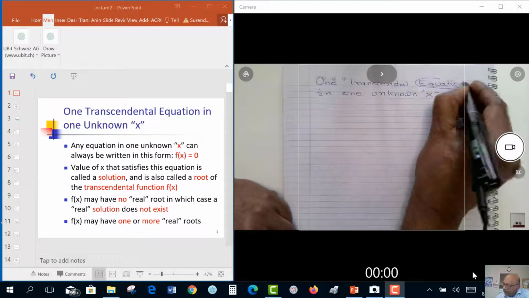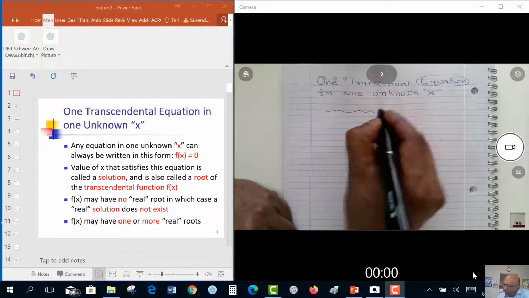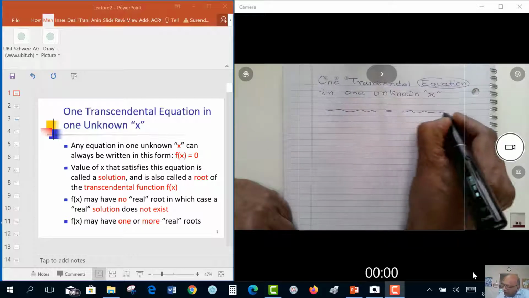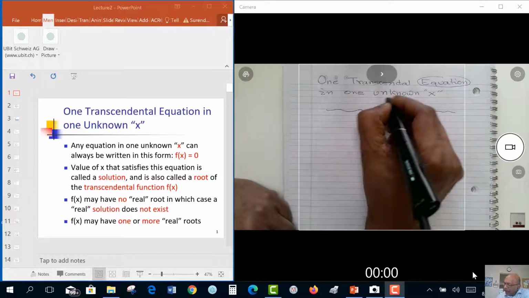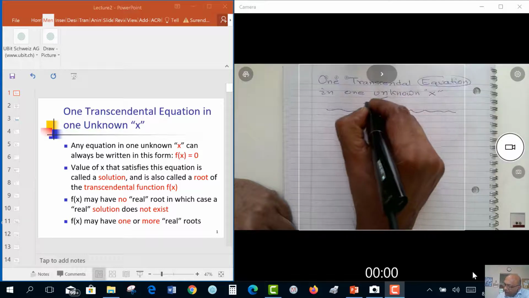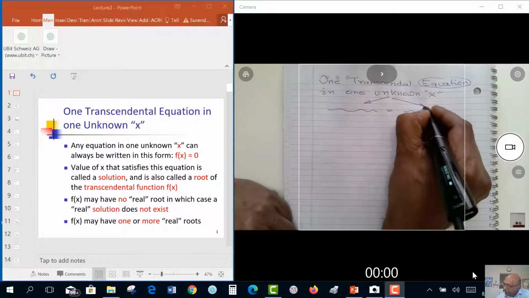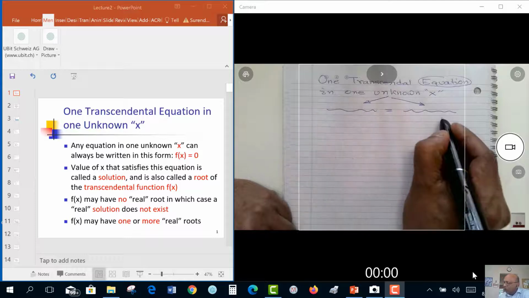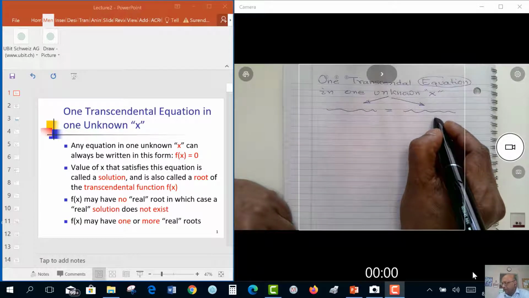So when we say we have an equation, we basically mean something is equal to something. And when we say we have only one unknown x, that means in both sides of the equation, we know all quantities except x.